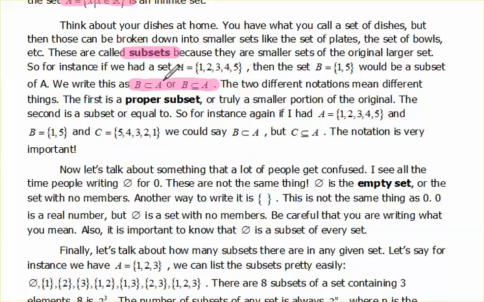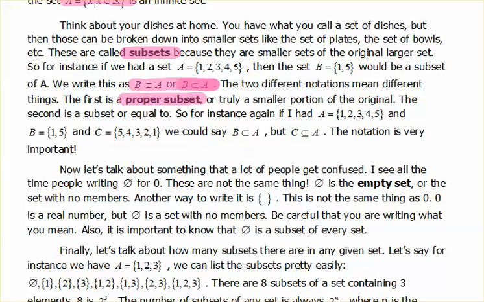These two symbols are very different, so you have to be very careful about which one you use. The first one, B, then this subset symbol, then A, is called a proper subset. Another way of putting it is that it's truly a smaller portion of the original. The second one, with the little line underneath the subset symbol, literally means is a subset of or equal to.